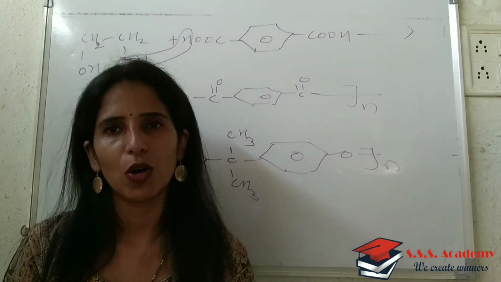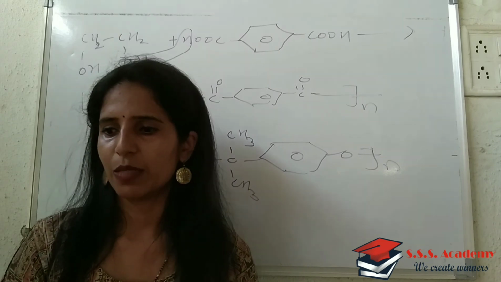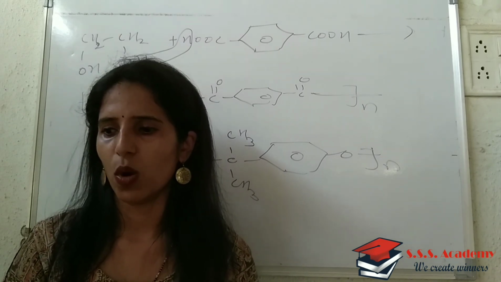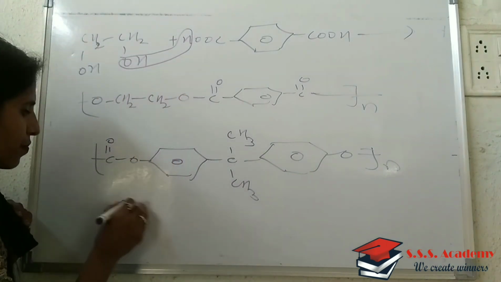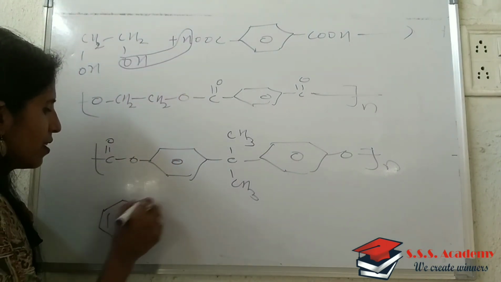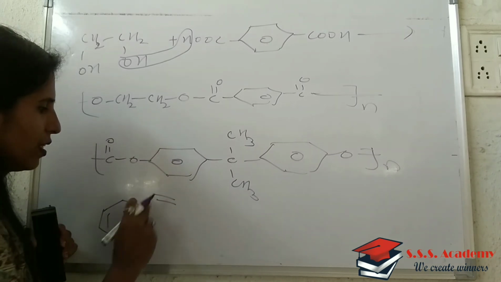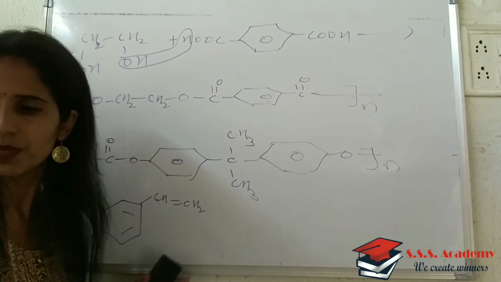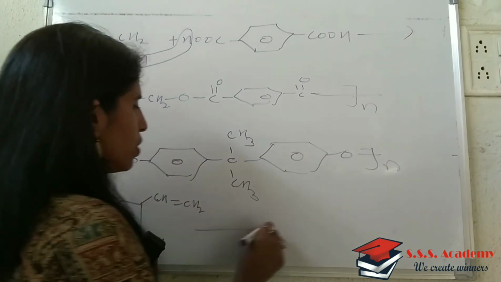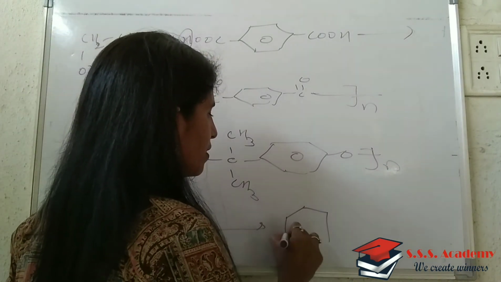The last one is thermocol, which we all know. It's made from air-filled thin beads of polystyrene. So the structure for styrene is this. This is styrene, so this is CH double bond CH2. So what should the structure for polystyrene be? It is this.